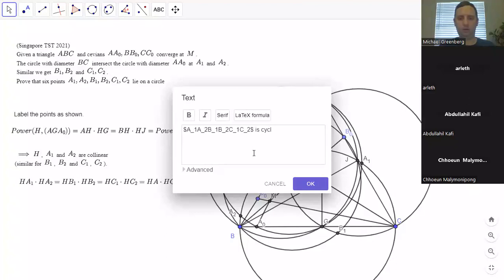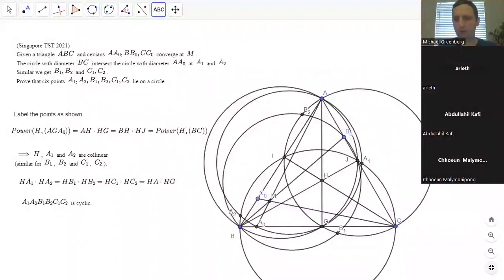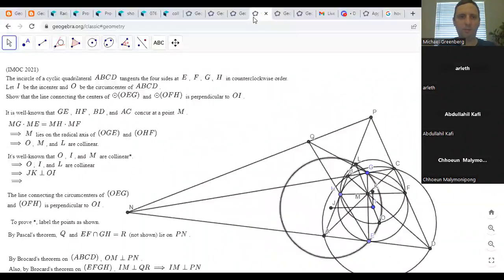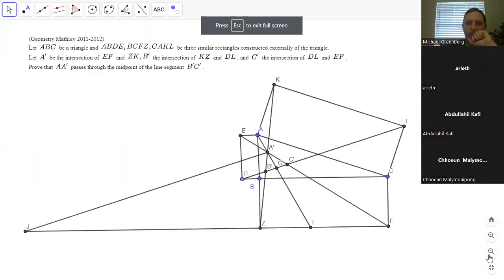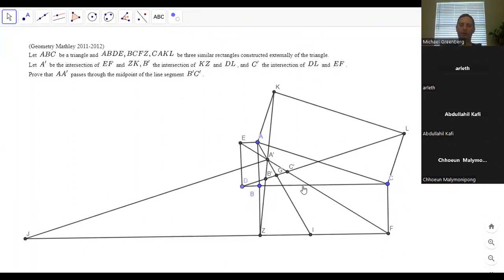All right. Let's try that problem from the last session that we worked on. So let's try this one. So we have three similar rectangles that are built off of triangle ABC.